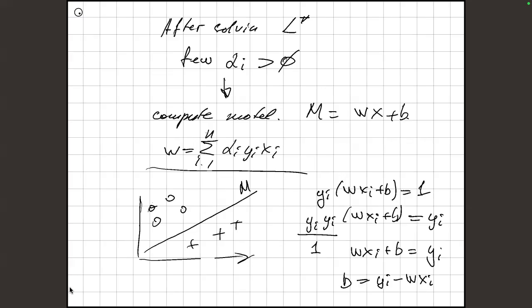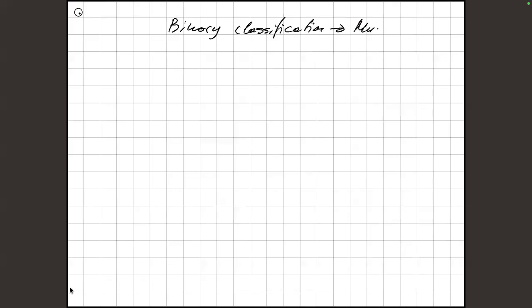Now, this was about binary classification. How to go about multi-class classification? Two approaches. The first one is one versus one.